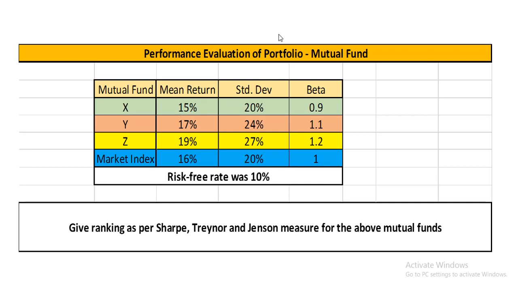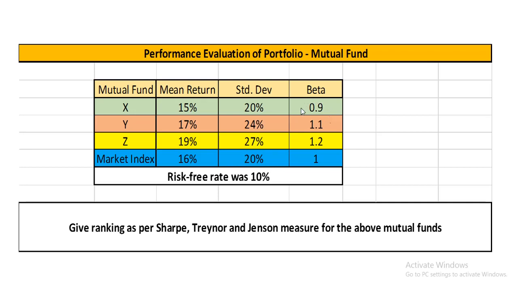but its standard deviation is 20%. Beta of that mutual fund is 0.9. Now standard deviation means the risk of the mutual fund with respect to its own investment, and beta is the risk of the mutual fund with respect to the market.